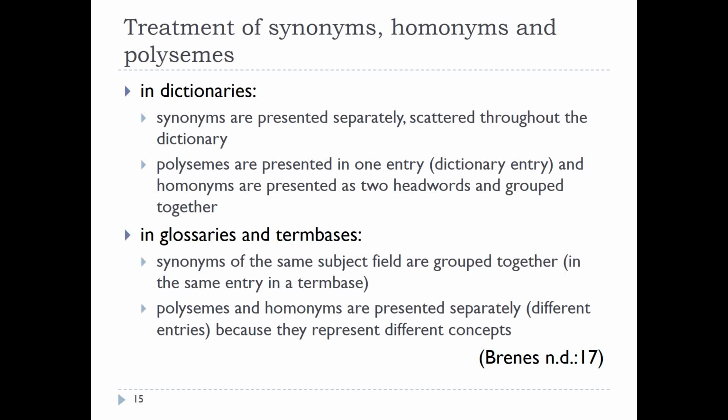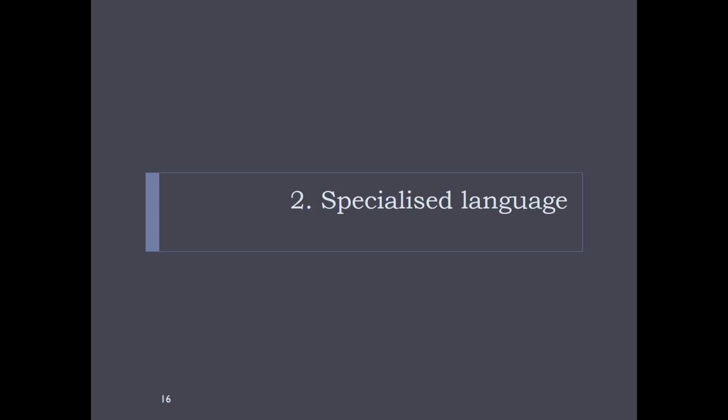Now in glossaries and term bases, synonyms belonging to a particular subject field will be grouped together. So you have a network of terms perhaps within a single entry. That's how it's often done anyway. Polysemes and homonyms will be presented separately, that is to say, in different entries, because they represent separate concepts.